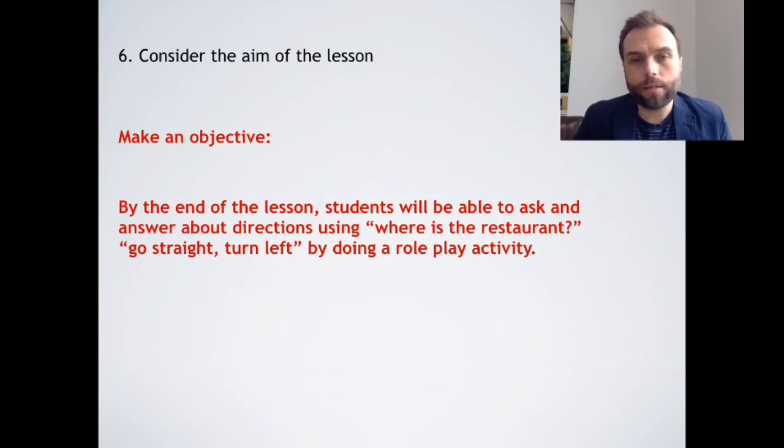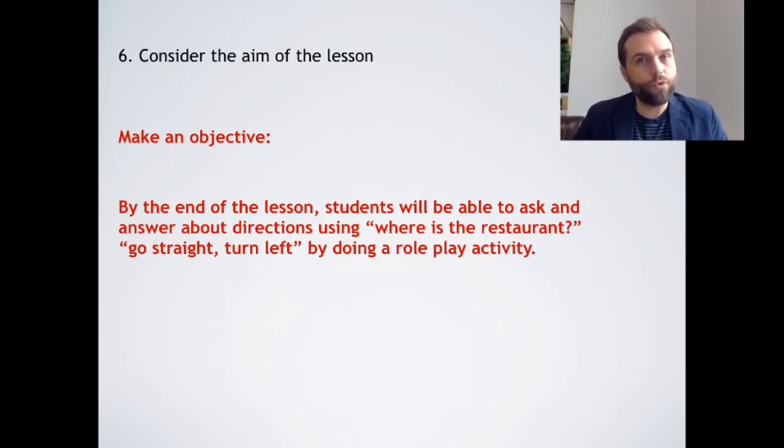By the end of the lesson, students will be able to ask and answer about directions using where is the restaurant, go straight, turn left, etc. by doing a role play activity. So if you look at this objective now, you have by the end of the lesson, that gives you a time frame.